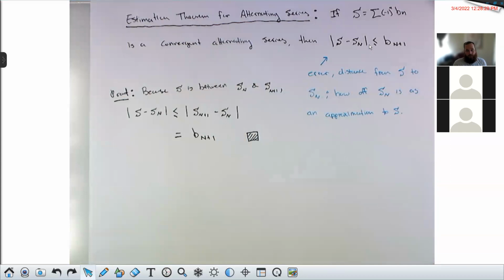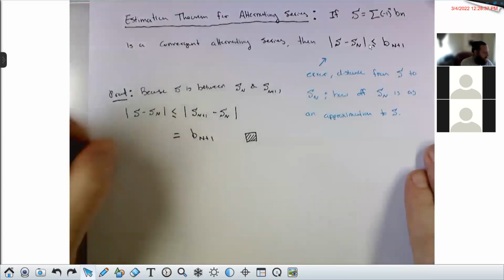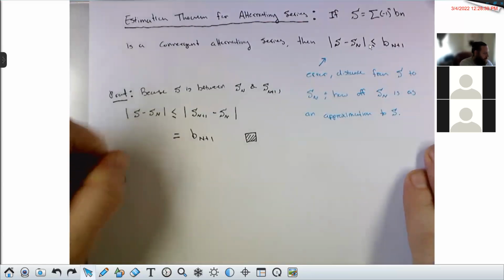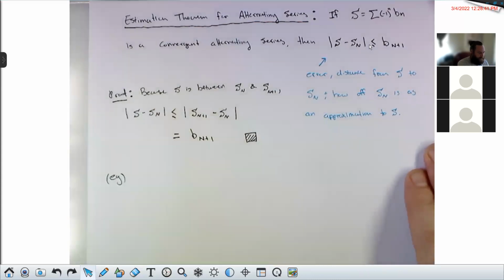So how do we use it? Well, you take an alternating series that you know converges, and you set Bn plus 1 less than the error you want.